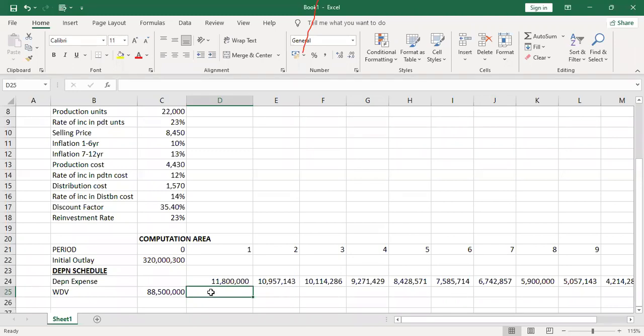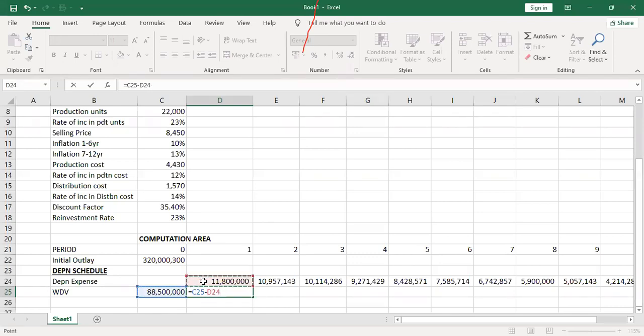Written down value in year 1 equals written down value in year 0 minus the depreciation expense.